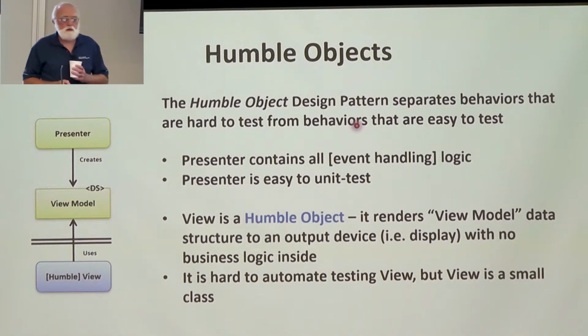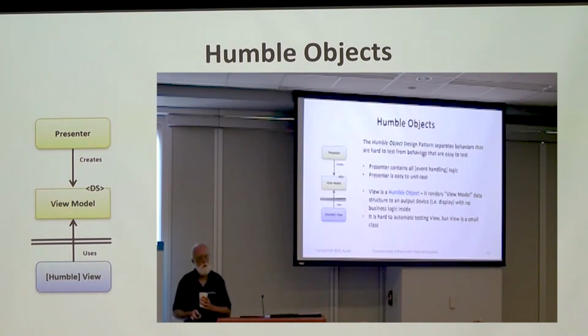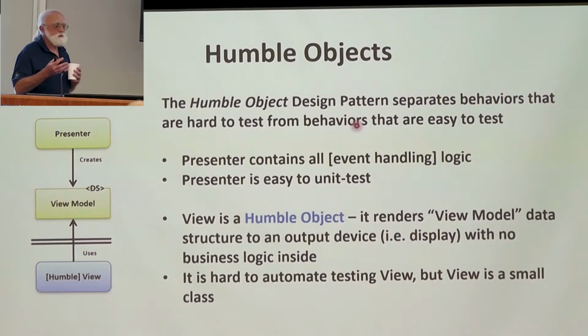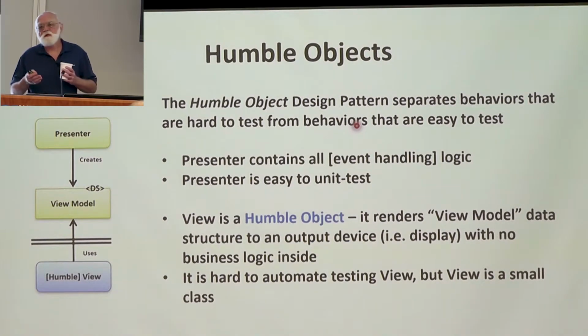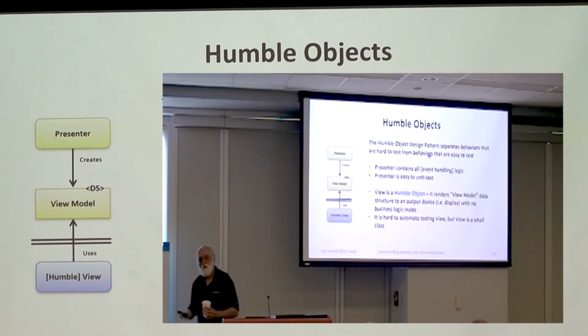So there is a really important design pattern. It's called a humble object, and it is used all over the clean architecture. Who knows what a humble object pattern is? Okay, I need to get some details on this. So, for example, you're designing a UI and you want to unit test it. It is really hard to automate unit testing a UI.